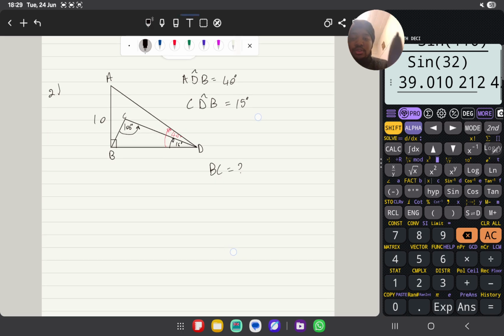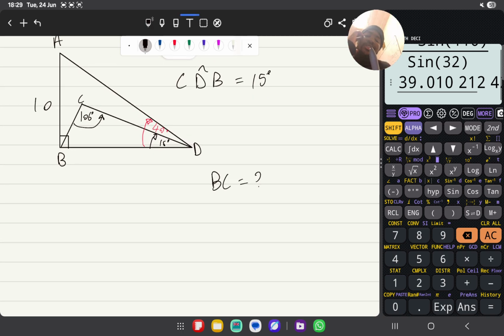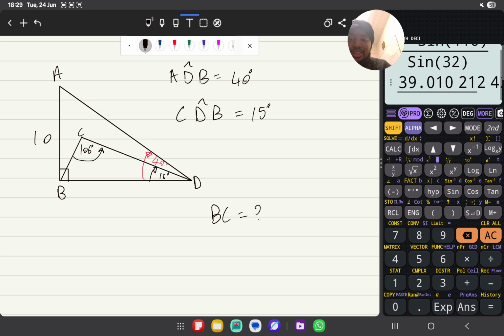Cool. So we have these very interesting triangles here. We have triangle ABD. We also have triangle CBD, right? And we have to find BC. This is BC right here. We have to find this side, BC.